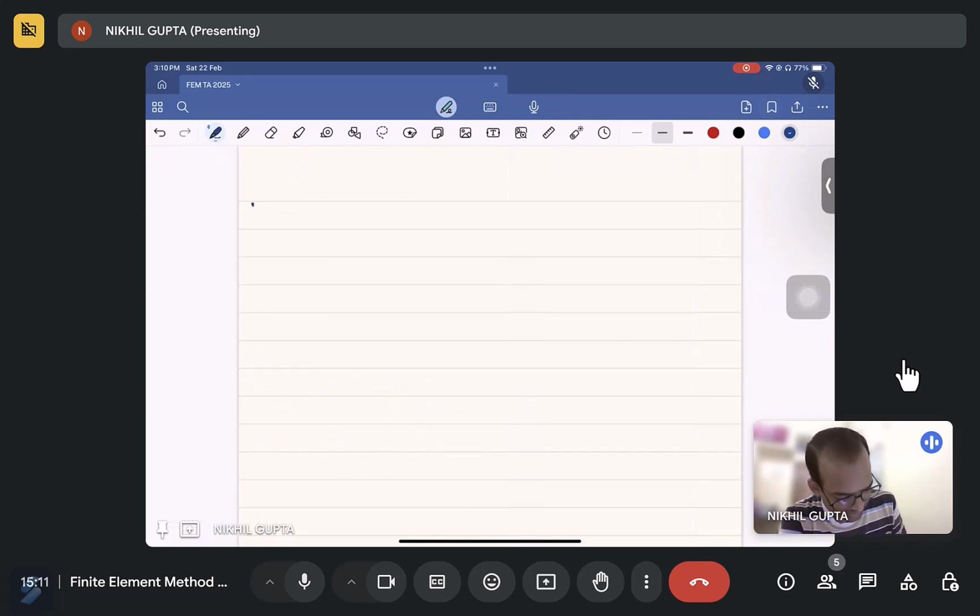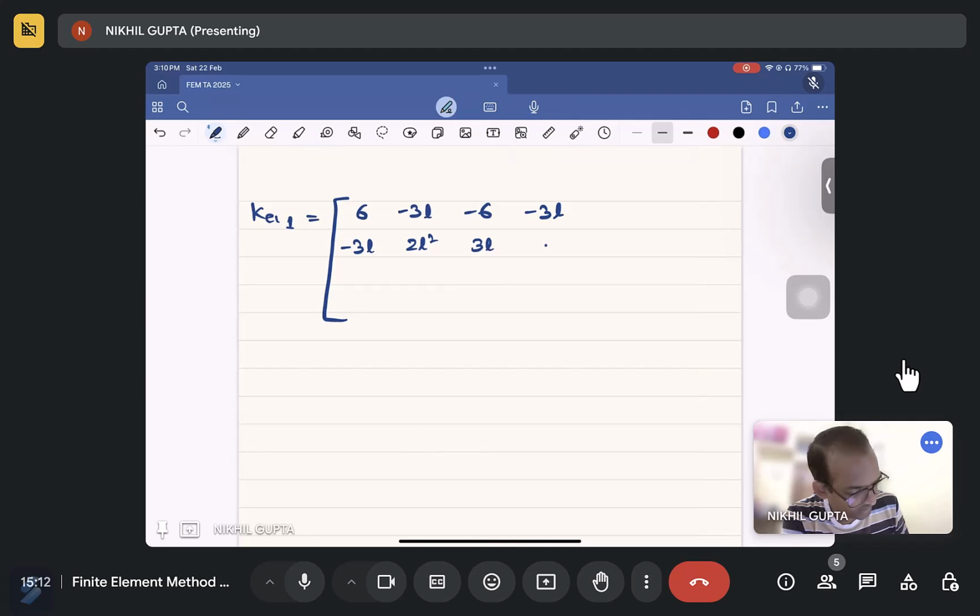We'll get K elemental of 1 as 2EI by L cube times: 6, minus 3L, minus 6, minus 3L; minus 3L, 2L square, 3L, L square; minus 6, 3L, 6, 3L; minus 3L, L square, 3L, 2L square.